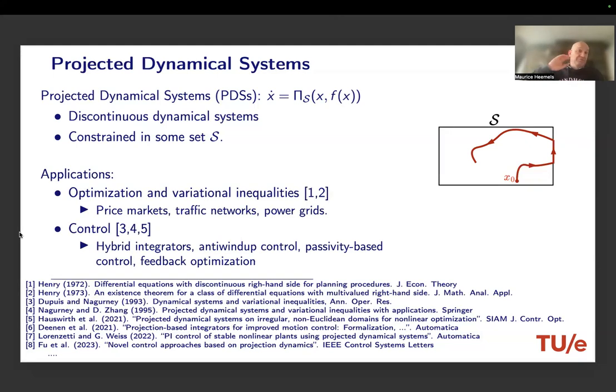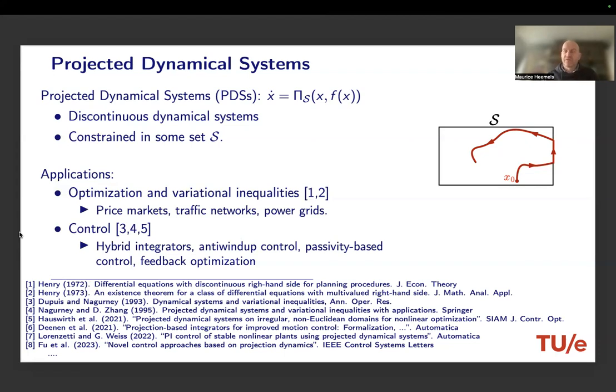So this class of dynamical systems has been around for quite some time, over 50 years now. I think this is one of the first papers, in 1972, where I find a first variant of these PDSs being defined. And they were used quite a lot in the area of economics, right?